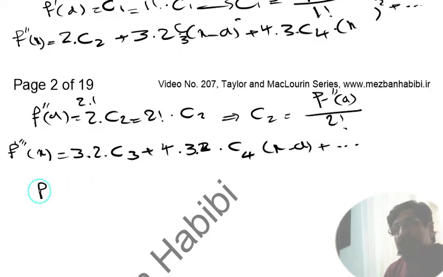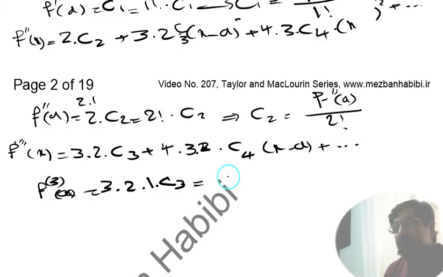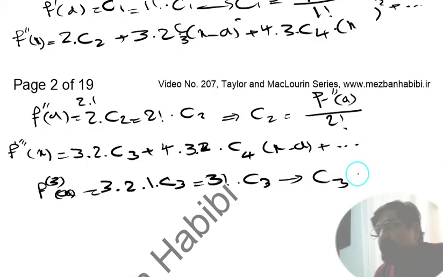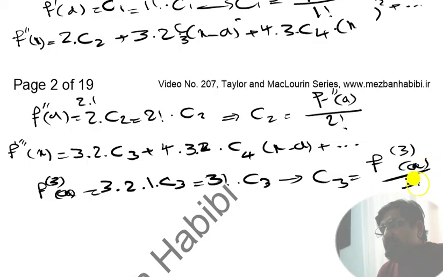By this, the third derivative of f at a is 3 times 2 times 1 times c3, that is 3 factorial times c3, so c3 is the third derivative of f at a over 3 factorial.